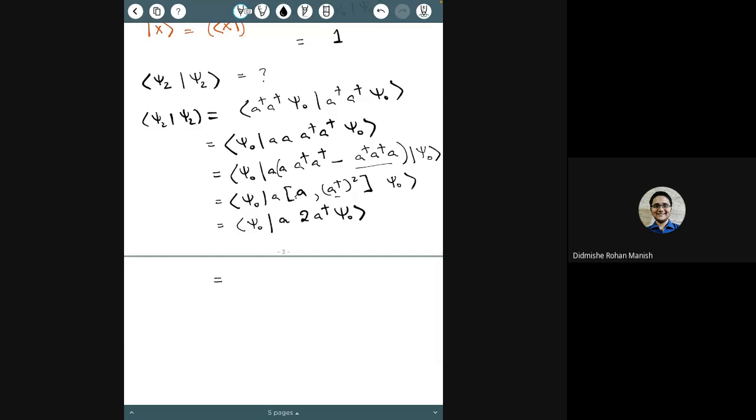And then you have 2 psi 0 A dagger, and I can again introduce A dagger A psi 0. That is equal to 2 psi 0 commutator A A dagger psi 0. This is 1, so I have a value of 2.